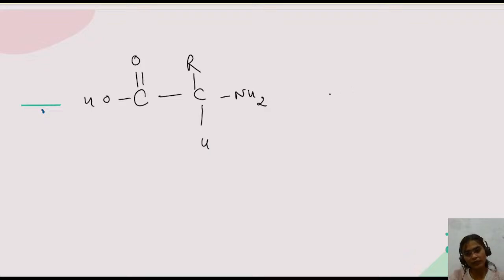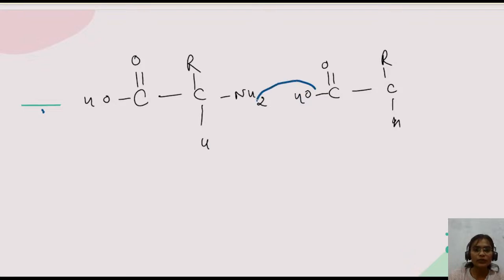First of all, let's suppose this is my COOH group, and this is some carbon and hydrogen, and this is some R, and this is some NH2 group. Similarly, one more: this is a CO and OH, and this is carbon, let's say this is R and this is hydrogen. In this case, a water molecule is going to be removed.